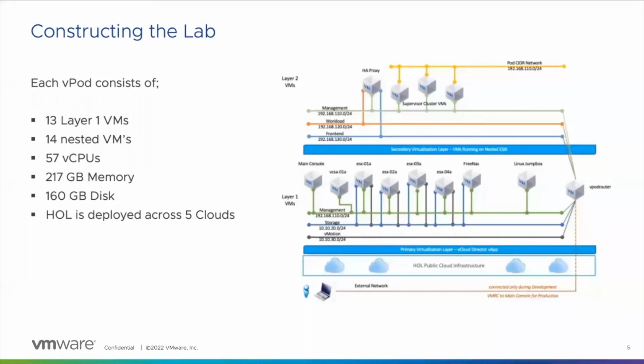The vPod that this lab runs on consists of 13 Layer 1 VMs, 14 nested VMs, and in combination, they utilize 57 vCPUs, a total of 270 gigabytes of memory, with 160 gigabytes of disk space. The vPods can be deployed across any one of 5 different clouds.